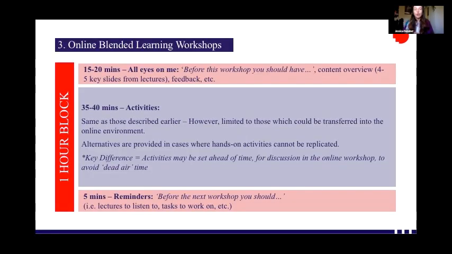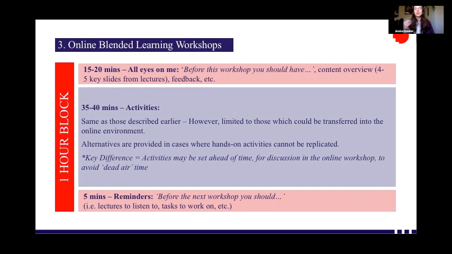So for my online blended model, you'll see it looks the same again, that approach. I get a 1 hour block with students at RMIT if we're online. At the start, it's all eyes on me just for a little bit, but the same structure. We then have activities, same as those described earlier. The key difference is that activities are generally set ahead of time.